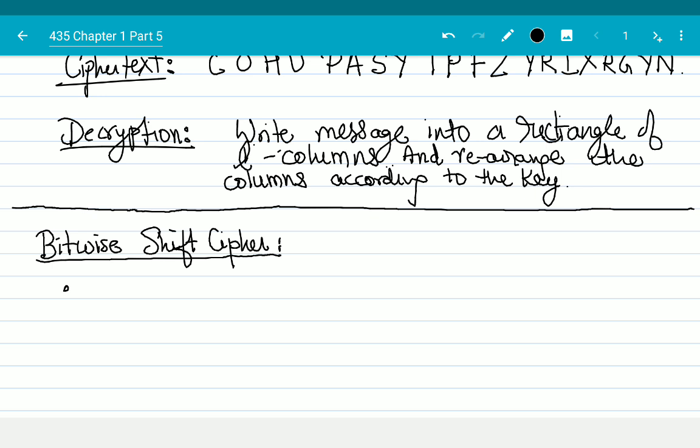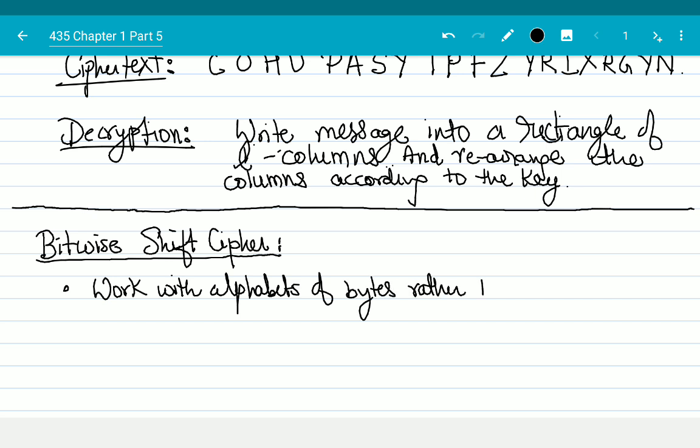First, you work with alphabets of bytes rather than English letters. And second, because we are dealing with bytes, you use XOR instead of modular addition.